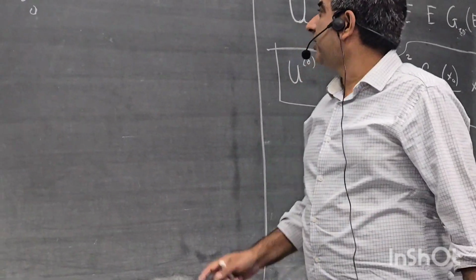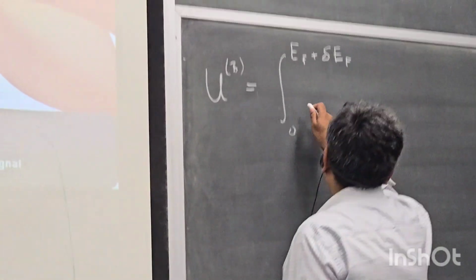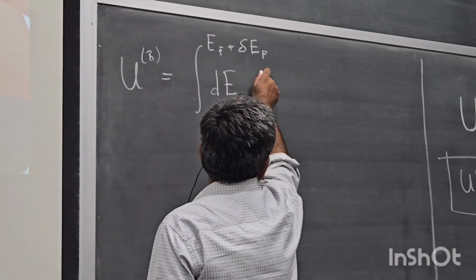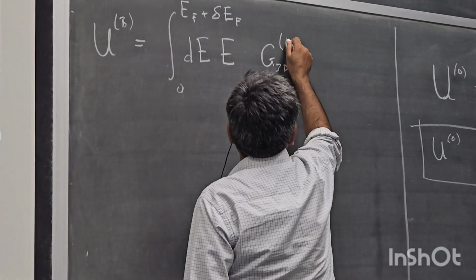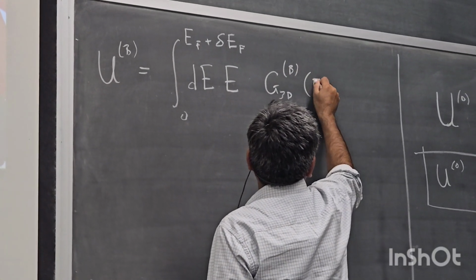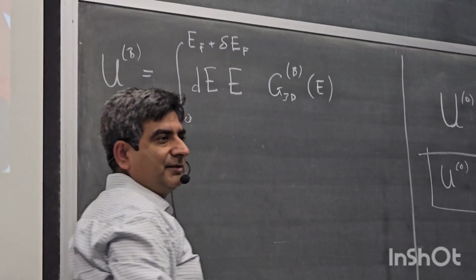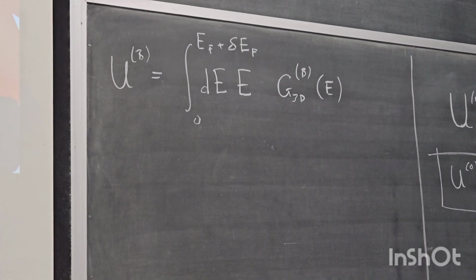Now we have to set up an integral of dE E G3D(E) in the presence of a magnetic field. So we set this up.